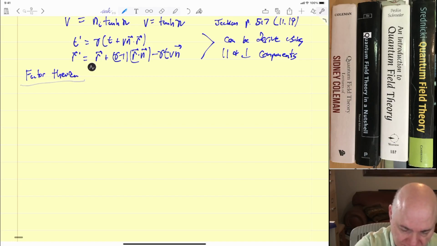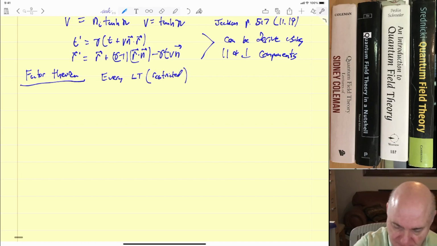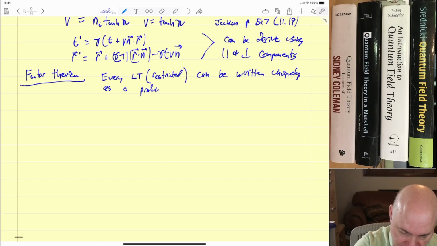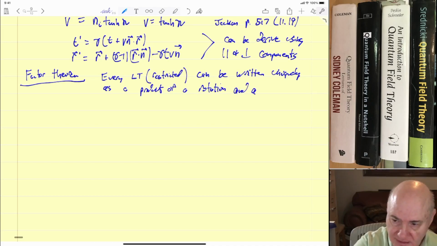And it basically says every Lorentz transformation, and remember, I'm only considering proper orthochronous or restricted Lorentz transformations, can be written uniquely as a product of a rotation and a boost.